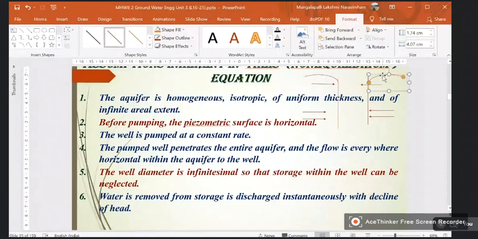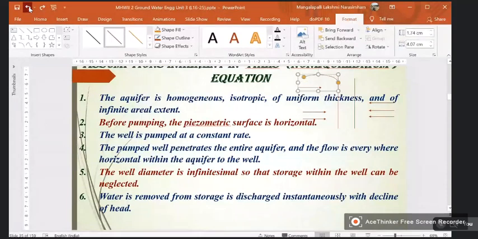So if there is a decline in the head, the discharge is made proportional to the change in the decline. So this is what these assumptions say.